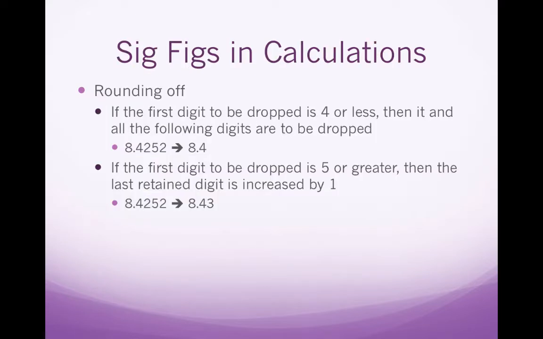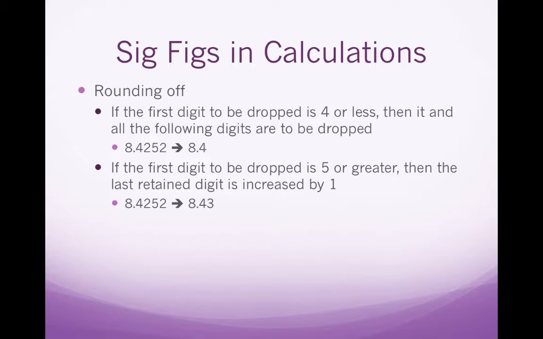So let's talk about sig figs and calculations. The first thing I want to talk about is rounding off. So if you're rounding a number and the first digit to be dropped is 4 or less, then it and all the following digits are to be dropped. So we have 8.4252. I want to round it to 2 significant figures. So I have 8.4. The number after the 4 is less than 5, so I drop it and everything following it.